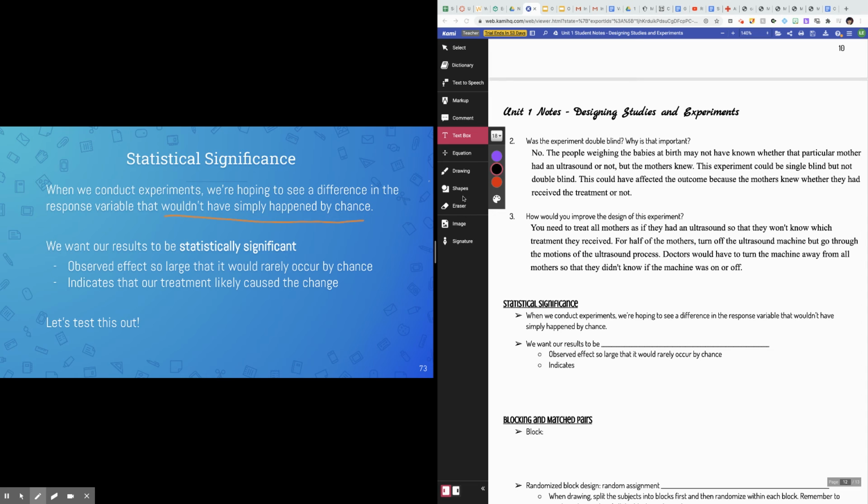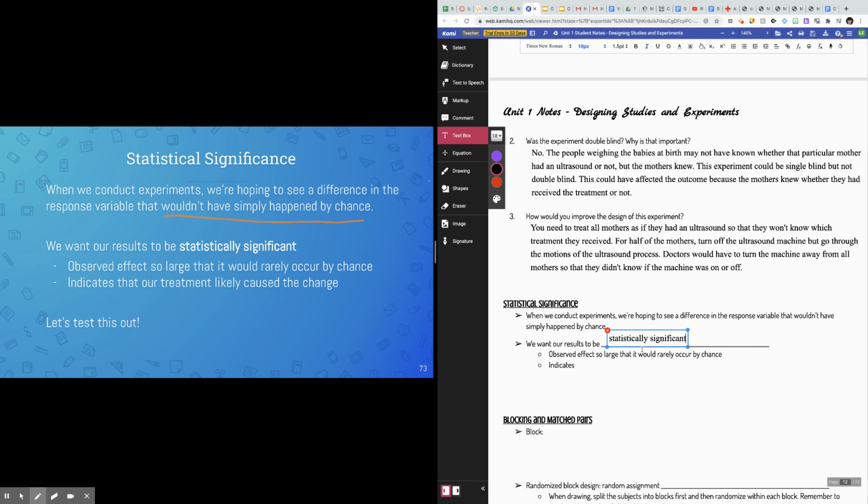So the term that we use for that is statistically significant. Okay, that's what we want. We want our results to be statistically significant. So the definition of statistically significant is that the observed effect, whatever happens in your experiment, the effect on the response variable is so large, so varied between the treatments, that it would rarely occur just by chance.